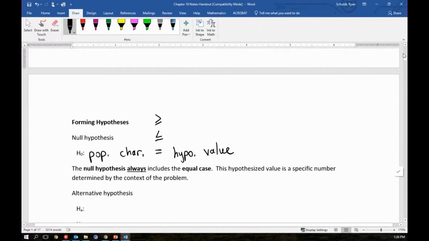AP, don't write this down. Y'all's will always be equal. But for dual credit, it could be either one of these. Notice, what do all three of those have in common? They all include the equal portion. They're either directly equal, less than or equal to, or greater than or equal to.